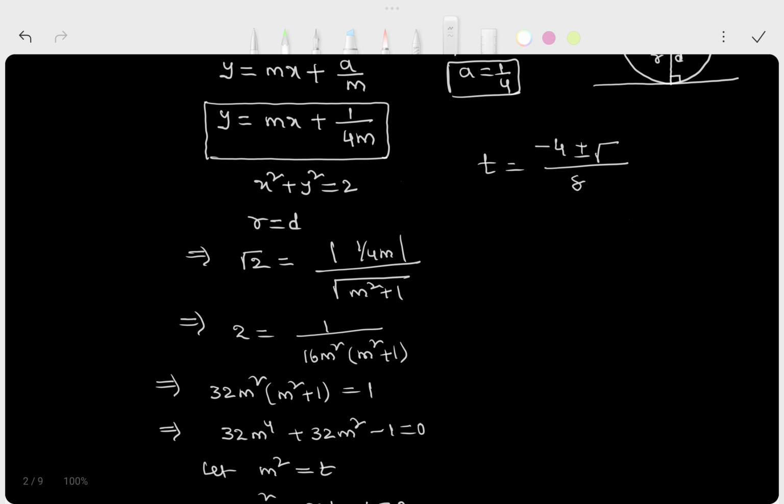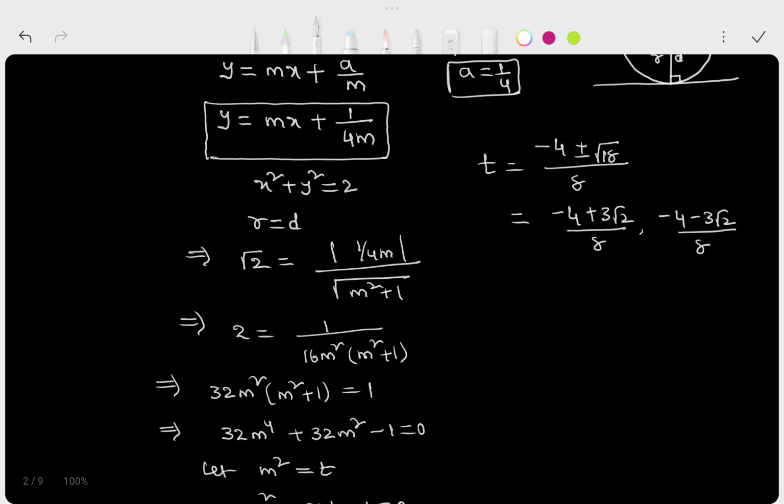This value will be root 18 whole divided by 8. So you can write this value as minus 4 plus or minus 3 into root 2 by 8, and the other value is minus 4 minus 3 into root 2 by 8.